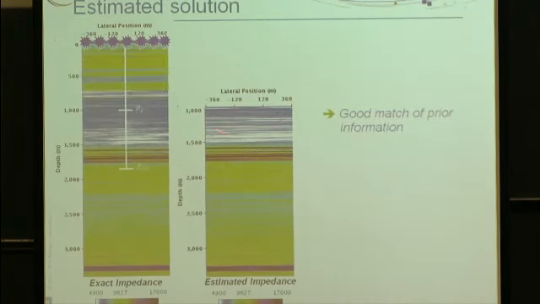You see that our model is very regular laterally, even if we allow some lateral variations. If you compare the estimated impedance with the exact one, we see the reliability of our quantitative information.